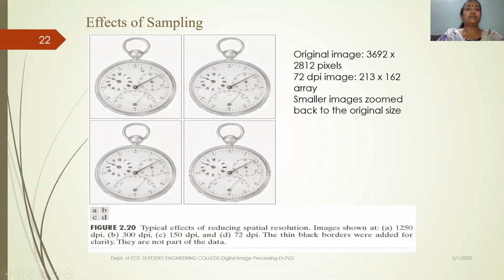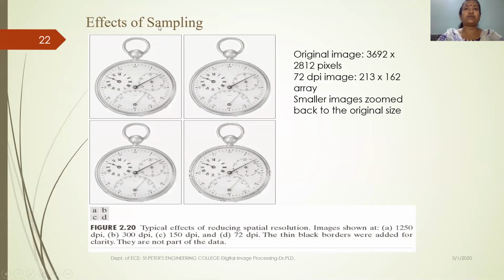This one is first a typical effect of reducing spatial resolution: 1250 dots per inch, this one. And this one is 300 dots per inch, and this one is 150 dots per inch, and this one is 72 dots per inch. So 72 dots per inch, if you have zoomed out, then how it appears.